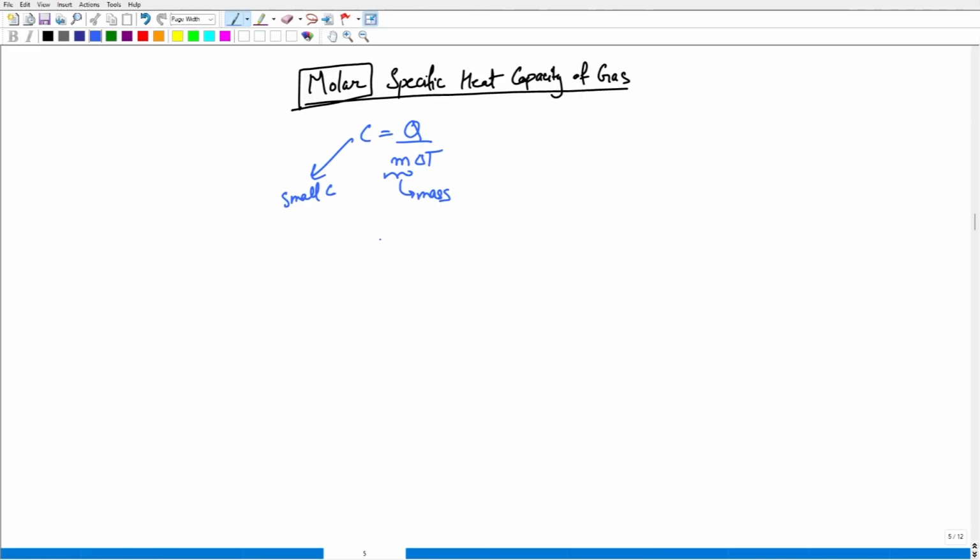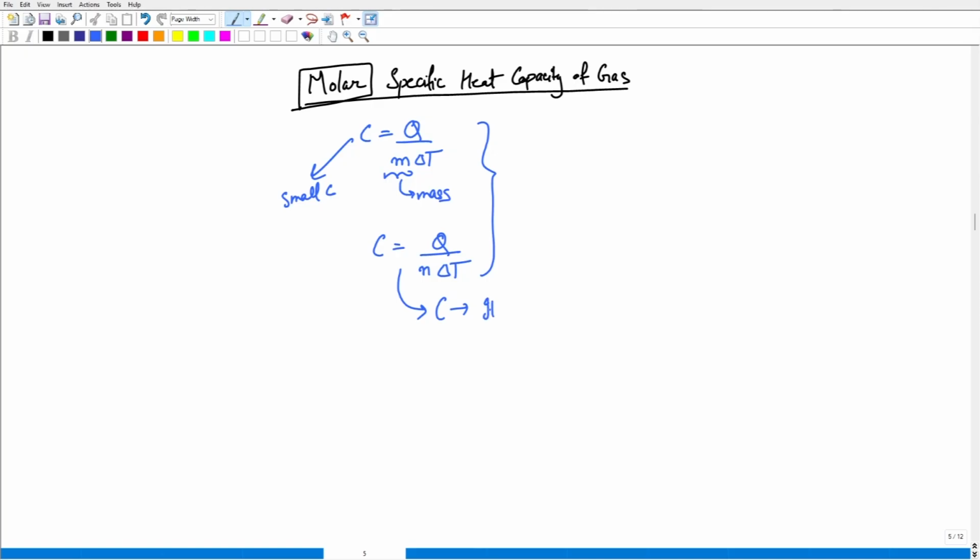It is like this: C, that is capital C, is Q by n into delta T. Can we relate these two? Yes, we can. First I should define this. So this is molar specific heat capacity, capital C.